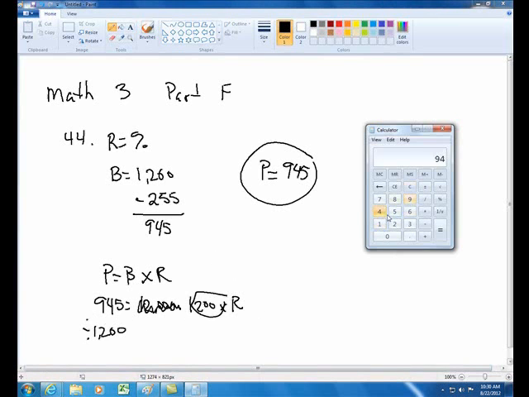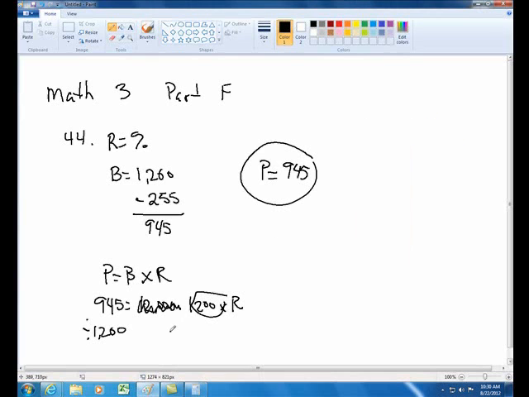945 divided by 1,200 gives me 0.788. I need that as a rate, and rate is always in the form of a percent.